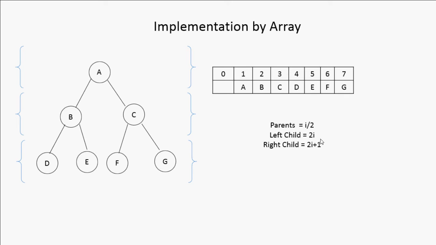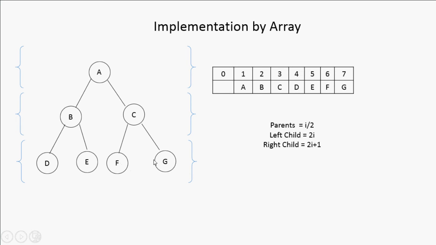Say for example you are at D, you want to locate D's parent. How do you do that? You simply divide the index of D by 2. The index of D is 4. You divide by 2, you get 2. And the parent is B. That's how you locate the parent.